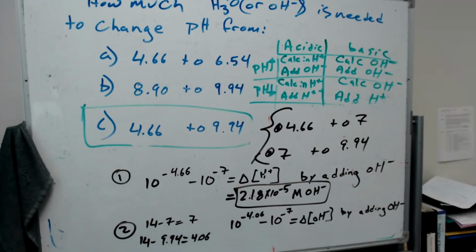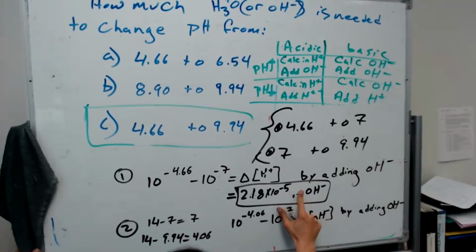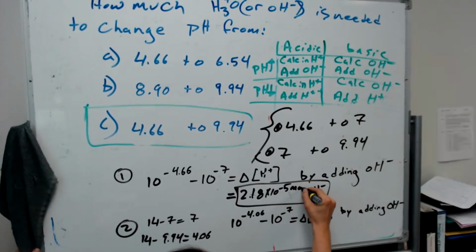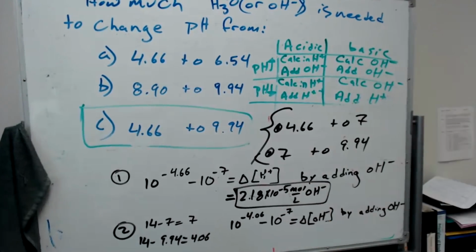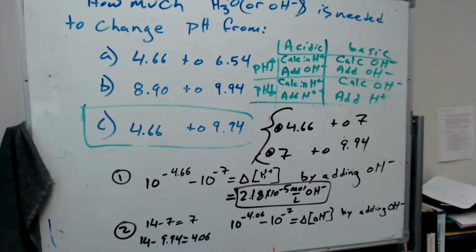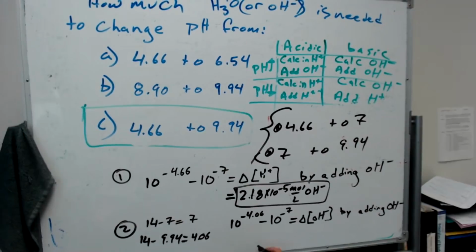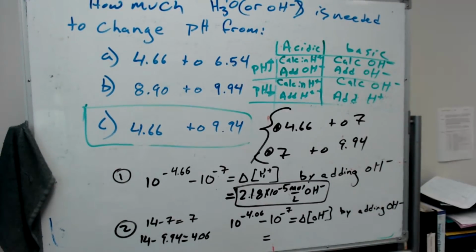And notice this is also in terms of molarity, right? I'd like to specify moles per liter in this case, just so that we have a clear idea that it is a number of moles that's changing. It depends on what volume we have. For the second one, 8.7 times 10 to the negative 5.